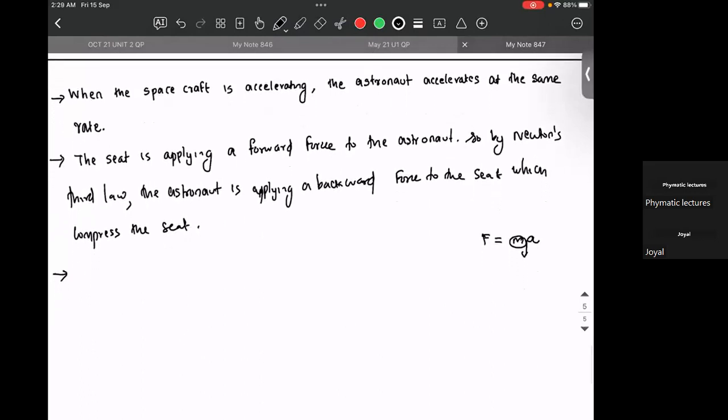So we'll document this. We have written two indicative contents. Now the third point we can express is: as the fuel is used up, the mass of the spacecraft decreases.